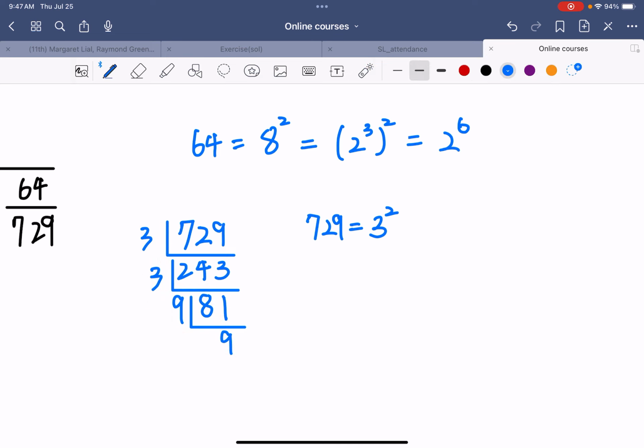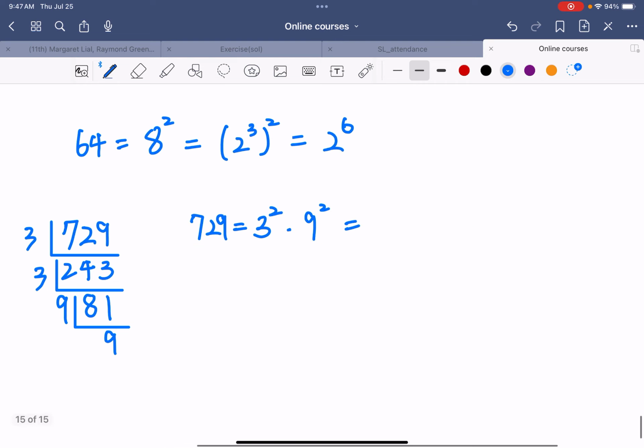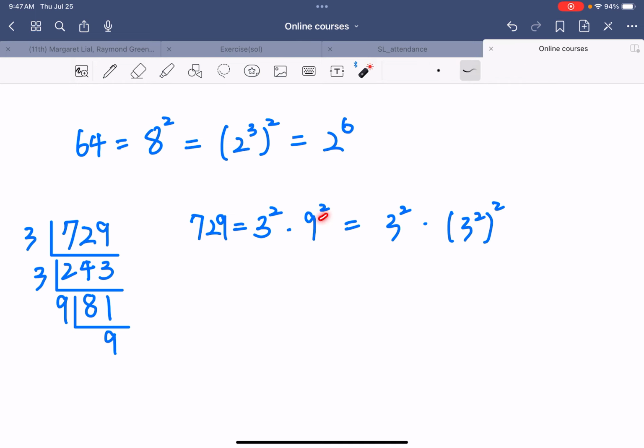So we can write times 9 squared. Then we already know that 9 is 3 with the power of 2, right? So 3 to the power of 2 times 3 to the power of 2, squared. Don't forget the square here. Then we know that will be 3 to the power of 2. Here is multiplication, so we got 3 to the power of 4. Then we can get 3 to the power of 6 because here we are doing addition.